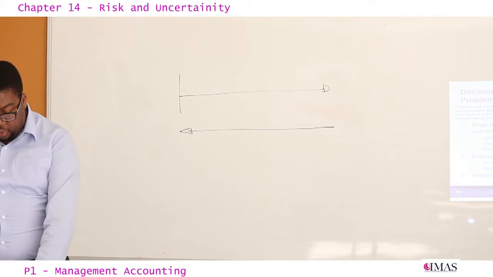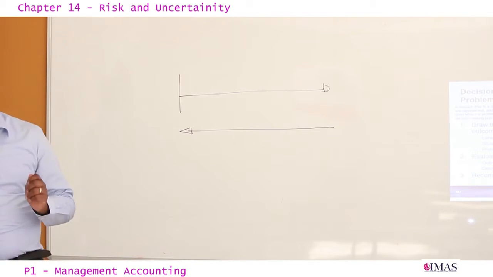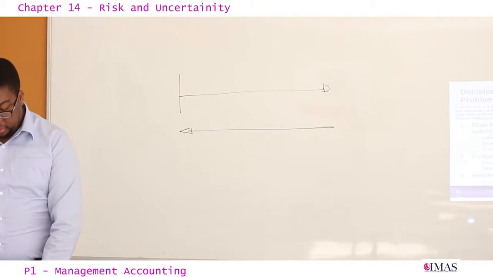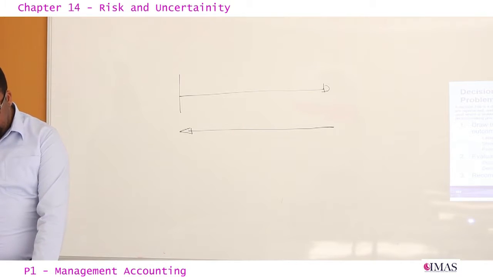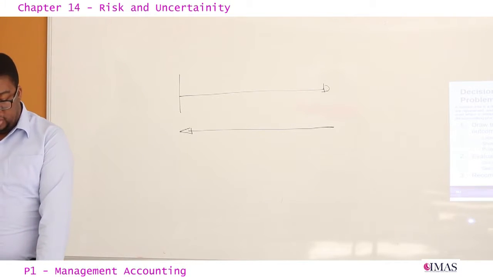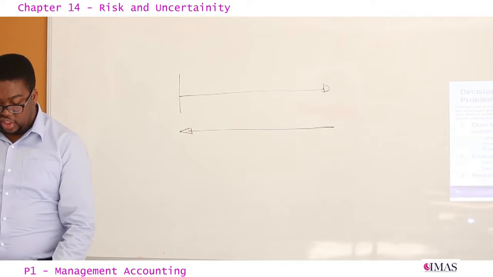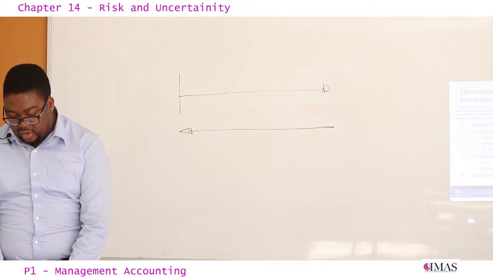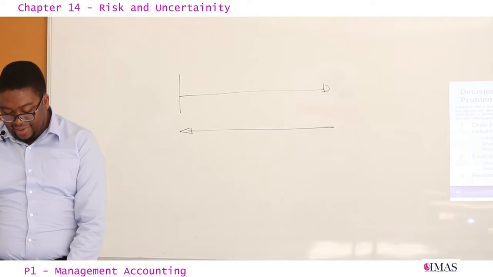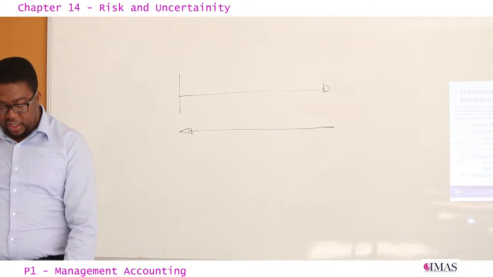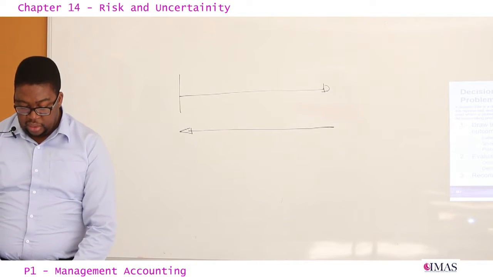A square is used to represent a decision point. At the decision point, the decision maker has a choice of which course of action he wishes to undertake. Therefore, when they are saying to you, calculate the maximum expected value of profit at decision point A, because there's a square, it's a decision point.